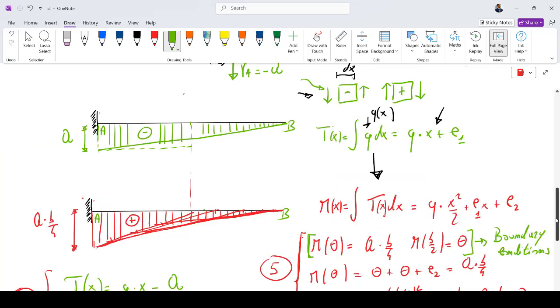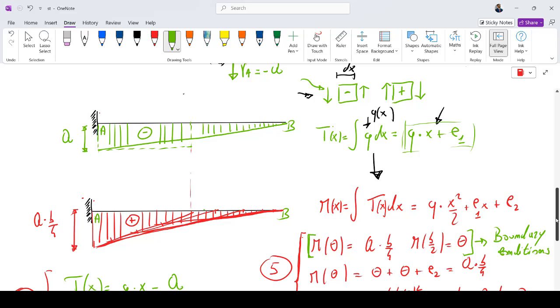As I was saying before, this is the equation to obtain the bending moment distribution along the beam. It's the integral of the shear force tau as a function of x, and now we know why, times dx. If we integrate this quantity, we obtain q times x squared divided by 2 plus c1 times x plus c2.